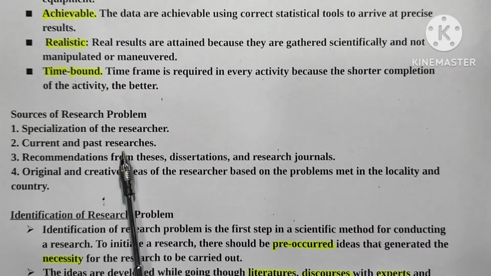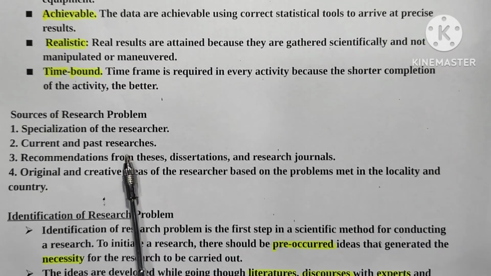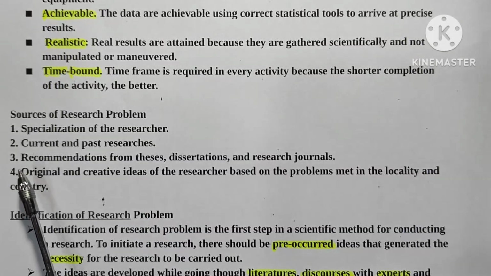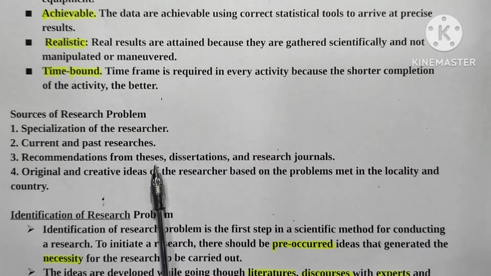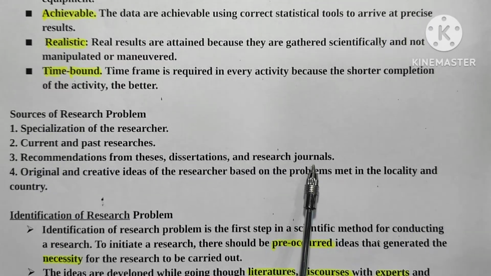And current and past researches. Based upon the current and past researches conducted by nurses or nursing experts, you can select the topic of your interest. Then recommendations from theses, dissertations and research journals.